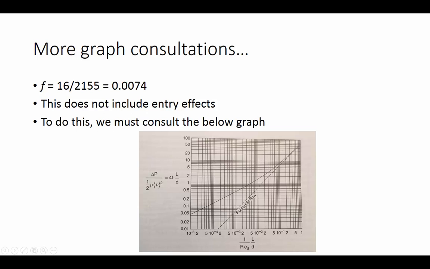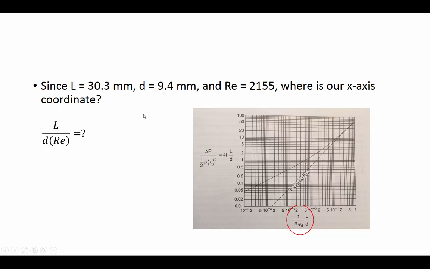To include entry effects, we must consult this graph here. You can see this is basically 4F times L over D on the y-axis, and 1 over the Reynolds number times L over D on the x-axis. Since L is equal to 30.3, D is equal to 9.4, and Re, the Reynolds number, is equal to 2155, what is our x-axis coordinate?